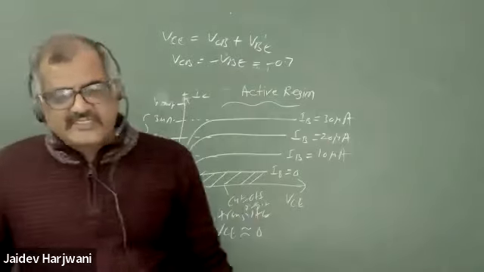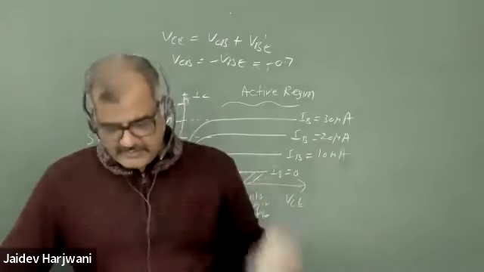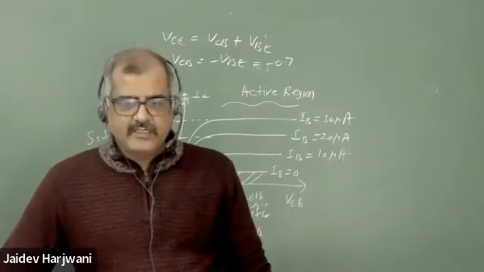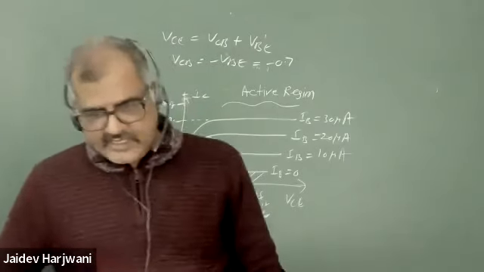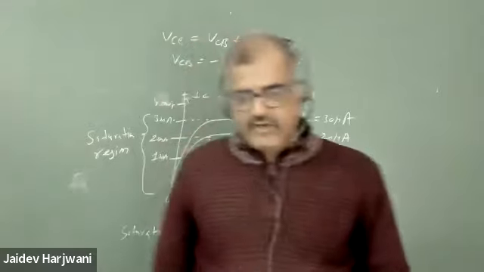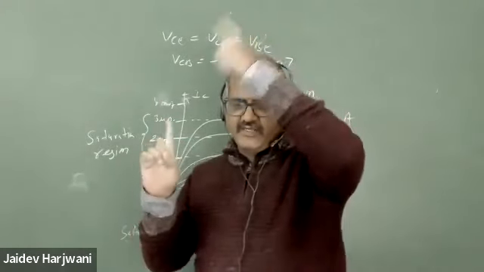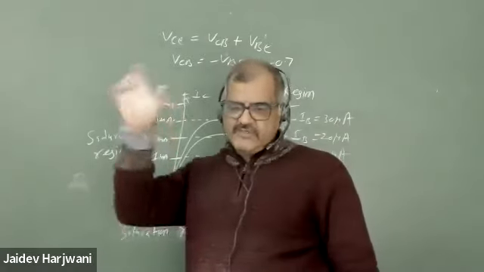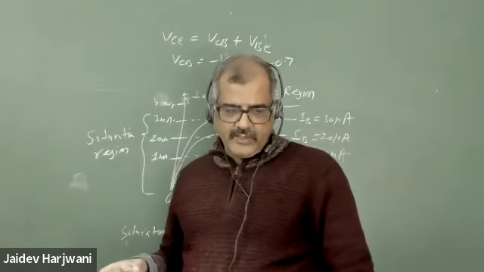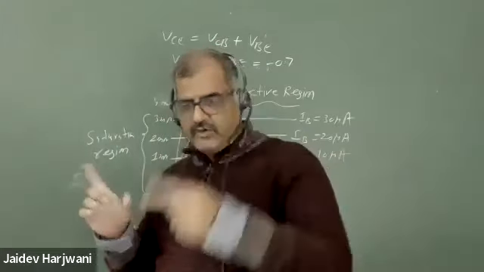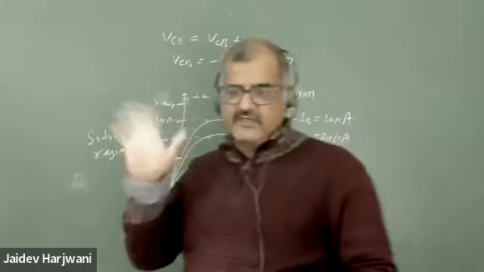That means the junction is now forward bias. Are you getting my point? VCB should always be positive for reverse bias in an NPN transistor.